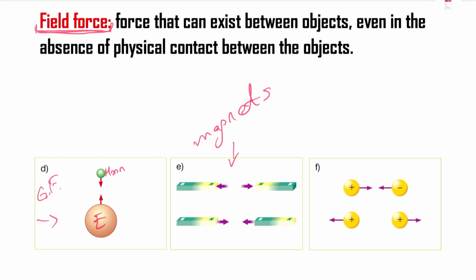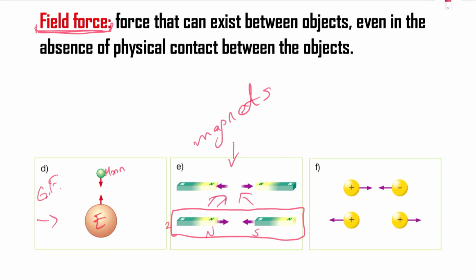If two magnets are close to each other like this one, they are going to repel each other because their north poles are facing each other. In the second case, north and south poles are facing each other, so if they are close enough, both magnets can attract each other.